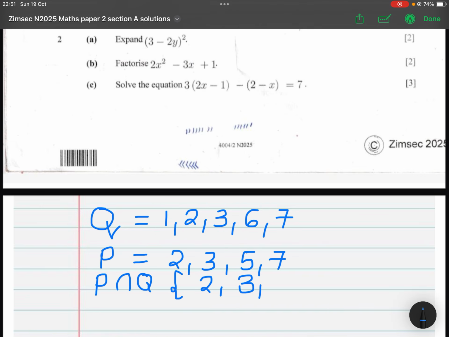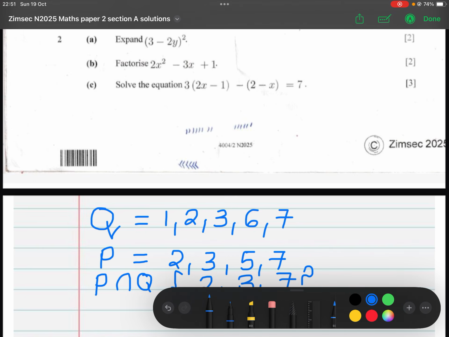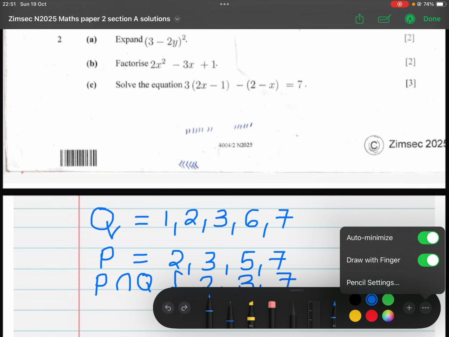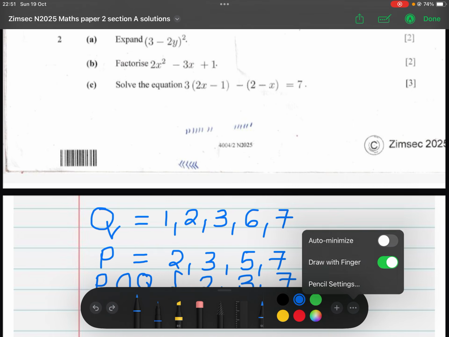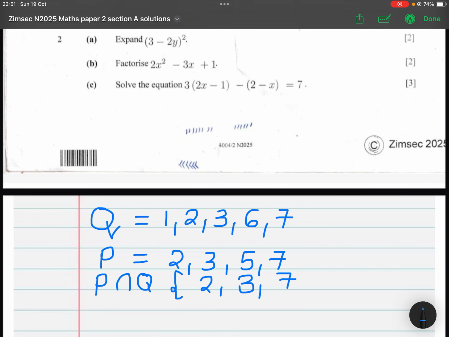We also have 3, it is appearing in both sets. And then lastly, we have 7. So by listing these elements, we are going to have all the 2 marks, right? So P intersection Q, we have 2, 3, and 7. So that is how we answer A part 1.